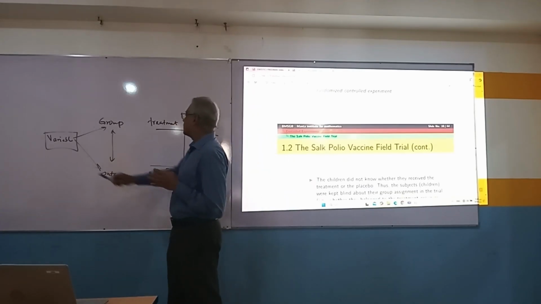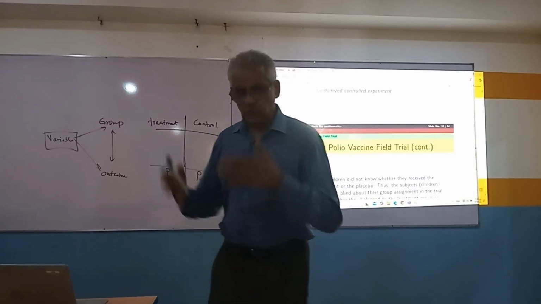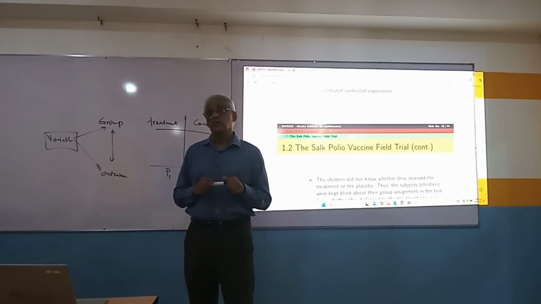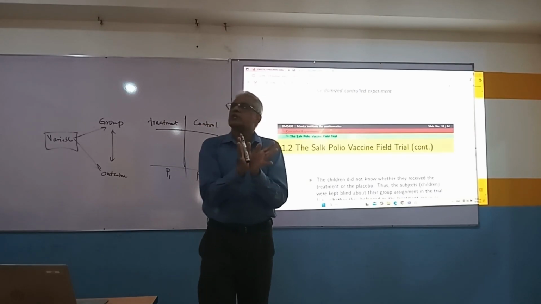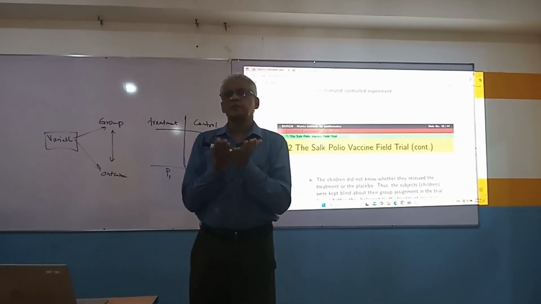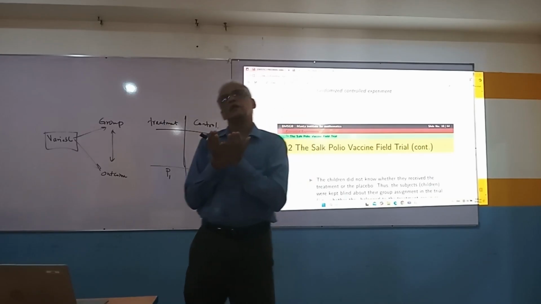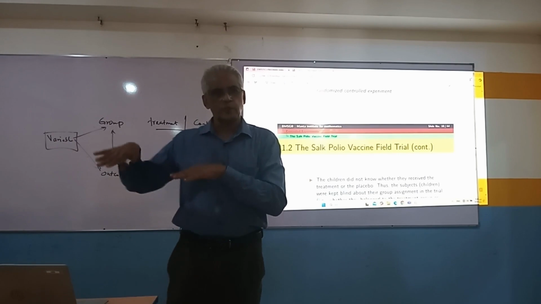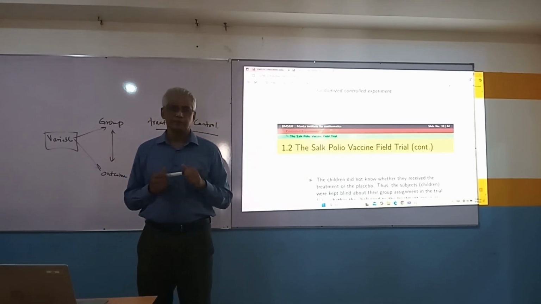And now all these children have been given consent. So in the first sample that we are considering before dividing, there may be a large proportion of rich people and a small proportion with less income.